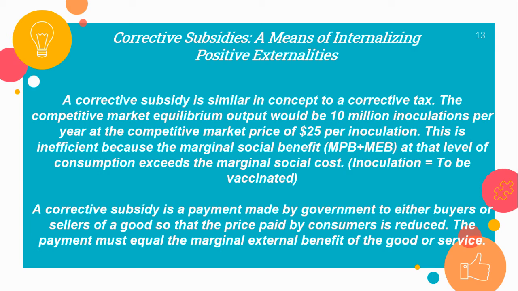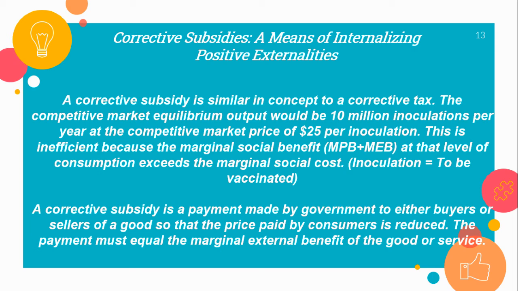So makikita natin to sa figure. So as the demand for inoculations increases, the market equilibrium moves from point Q to point V in the figure. At that point, the market price of an inoculation increases to $30 to cover increased marginal costs of production.